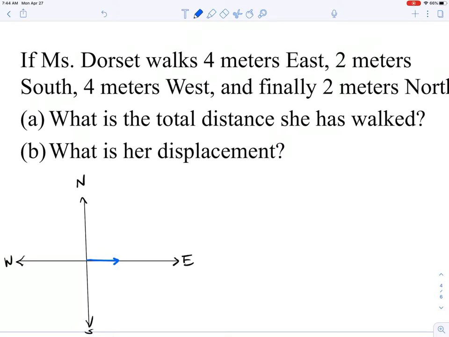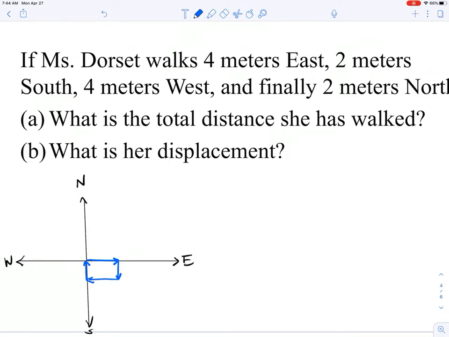Okay, so Ms. Dorset walks 4 meters east, 2 meters south, 4 meters west, and 2 meters north.